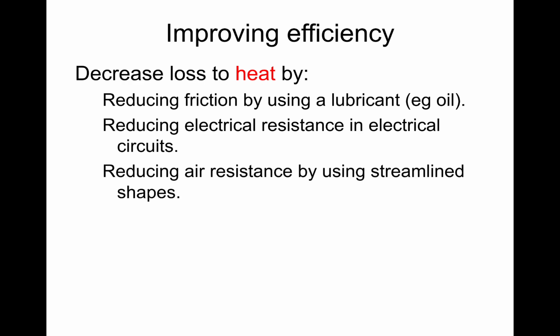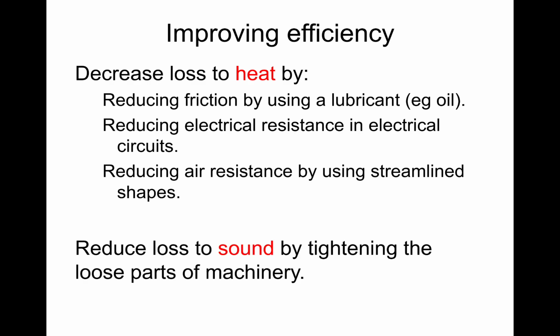Another one is reducing air resistance by using streamlined shapes, or reducing drag by using streamlined shapes. And we could reduce loss to sound by tightening the loose parts of machinery, which, maybe not the greatest way of improving efficiency, but every little helps.